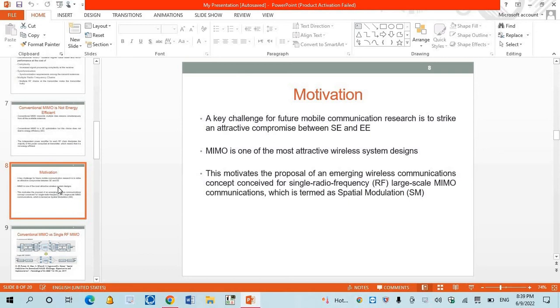So, in the wireless communication, we have to compromise between spectral efficiency and energy efficiency as well.